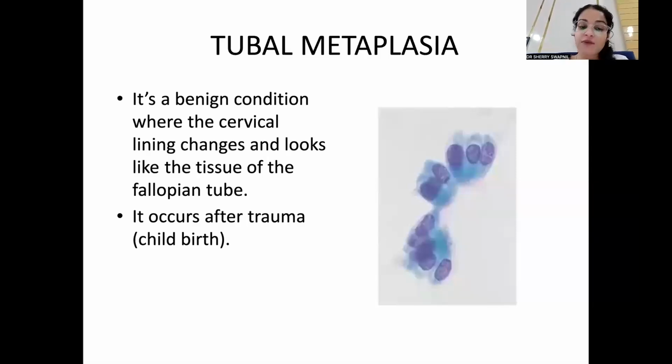It can occur normally also after trauma or childbirth. But as you can see, there is pseudostratification. Because of this pseudostratification, these cells can be confused with adenocarcinoma.